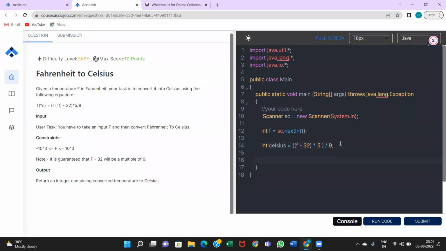And at the end, we will just print Celsius.